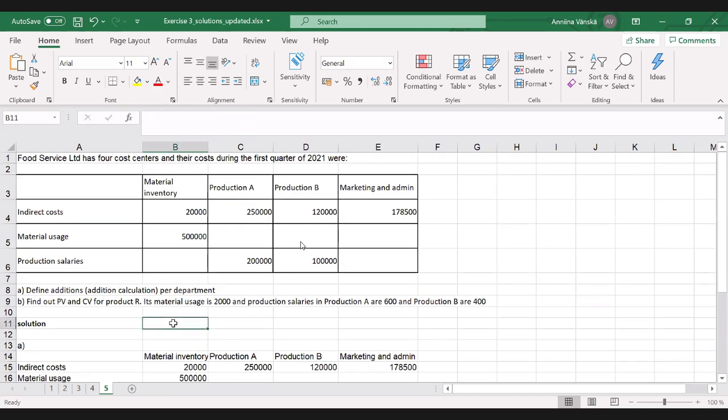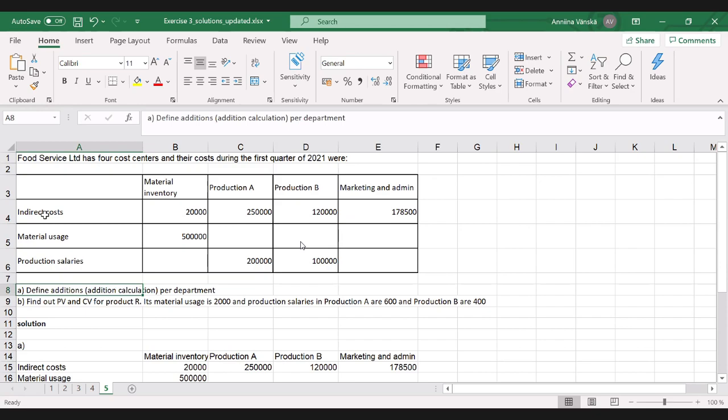In the number 5, we had a food service limited, has 4 cost centers, and here was the cost per the first quarter. We had the material inventory, we had the production A, B, and then we had marketing and admin. Each of them has indirect cost. Material inventory also has material usage, and then the production A and B has also production salaries.